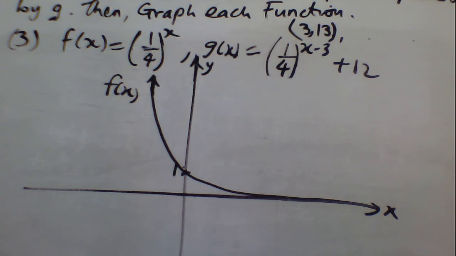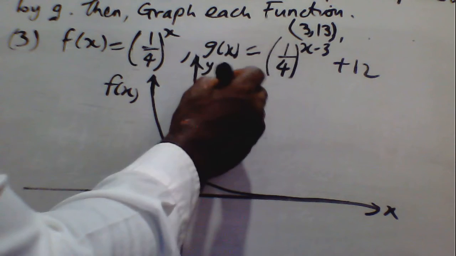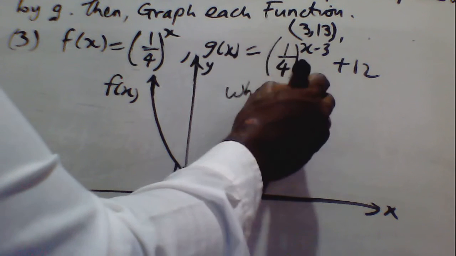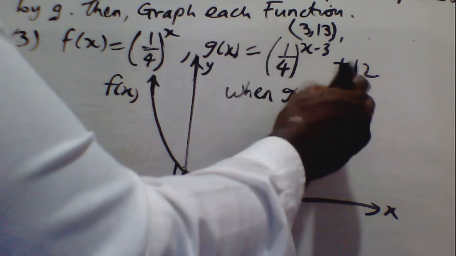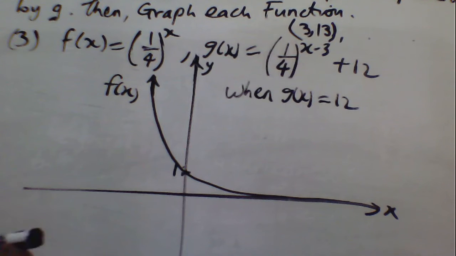This will give us a high mark. So we have gotten 1 point when... 13. So let's see when g of x is equal to 12.